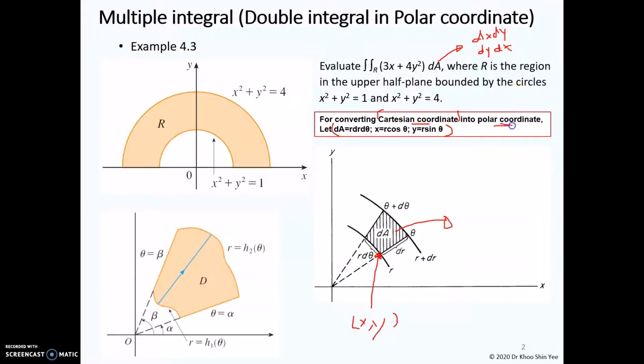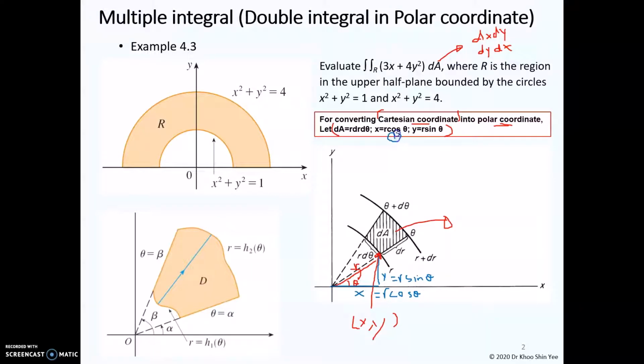In the polar coordinate, we use the radius or the magnitude with the angle measured from the x-axis to quantify the same coordinate. So we know that the distance here is x and the distance here is y. From this triangle, we know that x is equal to r cos angle and y is equal to r sin angle.